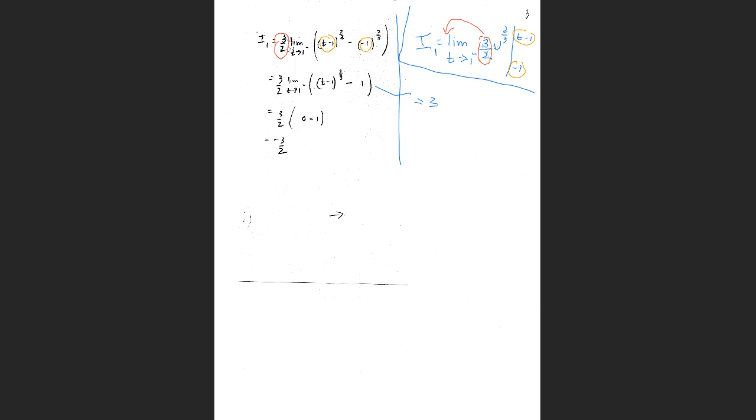You'd have 2/3 times 1 minus 1 to the 2/3 power minus 1. But this here is 0, and that gets you here, and that gets you -3/2. So that first improper integral converges, and it equals -3/2.